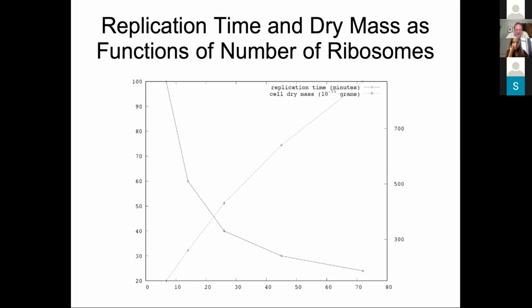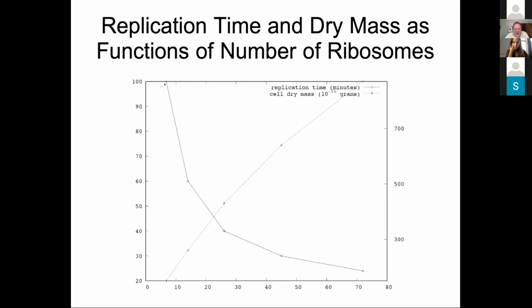This is an E. coli bacterium. On the y-axis we have the mass of the cell in femtograms, on the x-axis we have tens of thousands of ribosomes, and on the second y-axis we have the replication time in minutes.